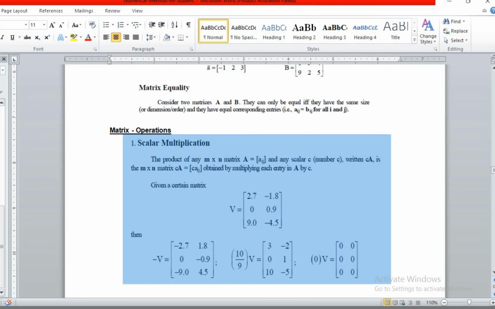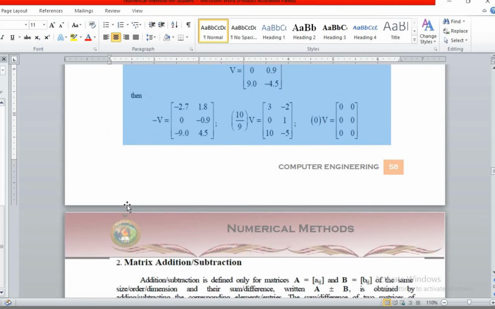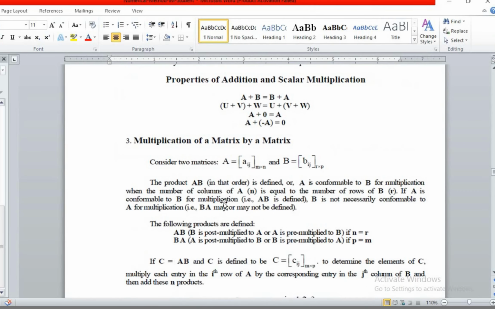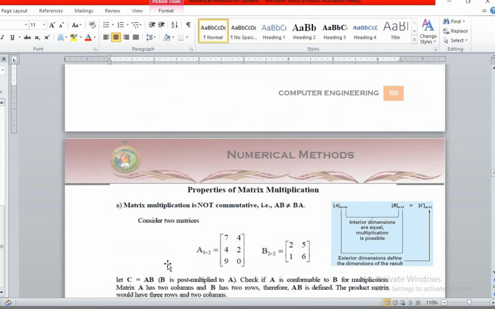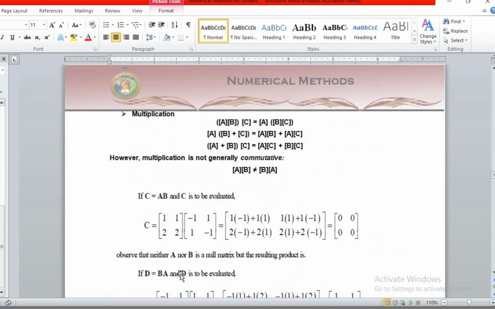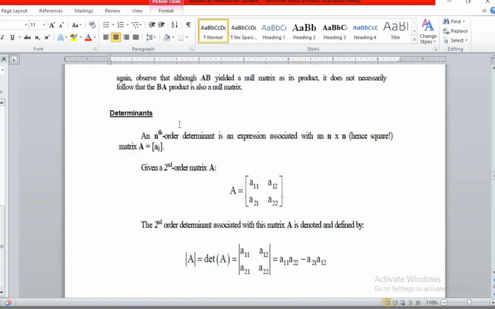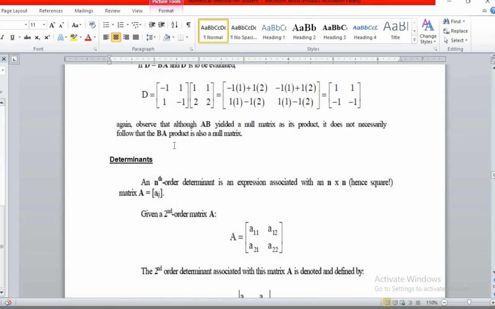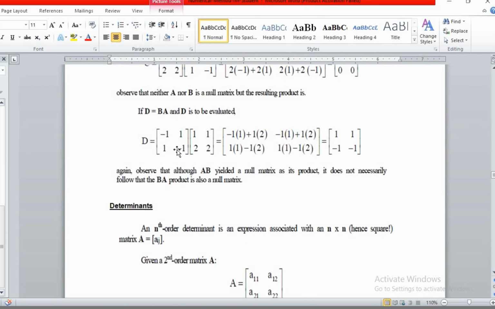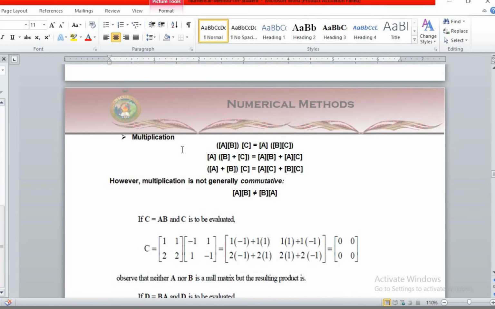So, I fully encourage you to read itong notes na naibigay po sa inyo kasi lahat po ng mga discussions ay nandito. So, for the determinants, an nth order determinant is an expression associated with an n by n matrix A.